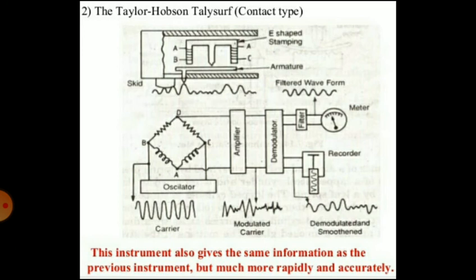The armature is pivoted at the center of the E-shaped stamping. The outer legs of the E-shaped stamping are wound with electrical coils. So you can see the electrical coils AB and AC wound on the outer legs.